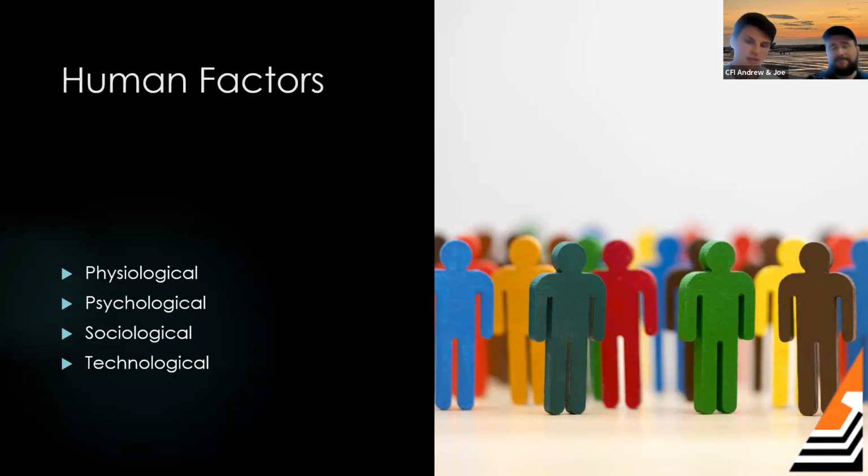Yep. So sociological, right? With your fellow passengers, anything, talking, getting distracted from flying the plane. Technological could be, I'm used to the 172, now I'm flying the Diamond, and now I'm used to a G1000, and there's tons of buttons, right? Yeah. And it's difficult to understand, try to figure that out while flying the plane. Right. We're going to talk a little bit more about all those things.